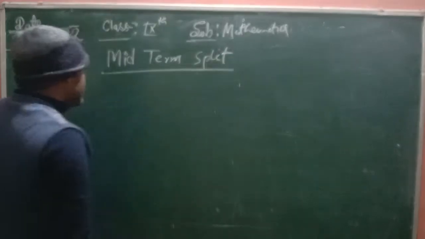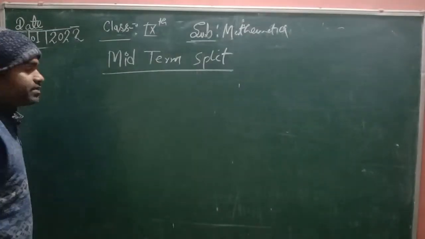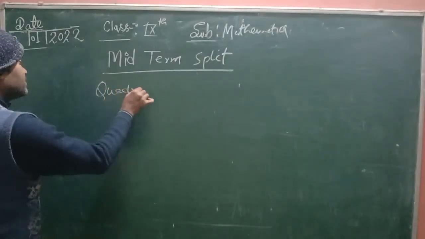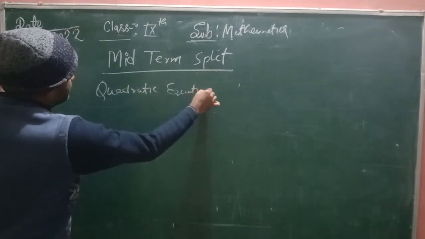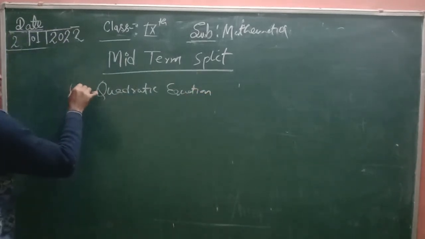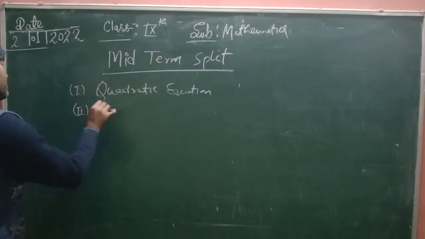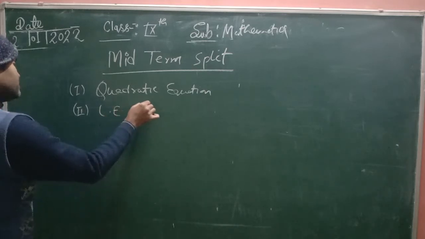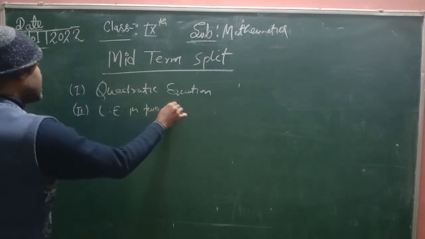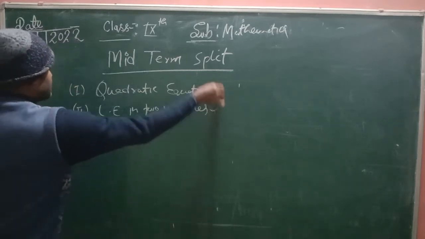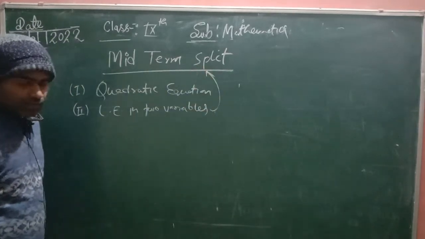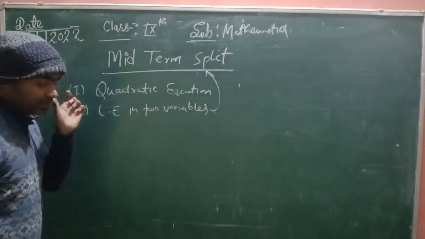The method of factorization by midterm split is used in quadratic equations, and if you are solving linear equations in two variables, maybe at last by the substitution method you need midterm split for finding the values of the two given variables.